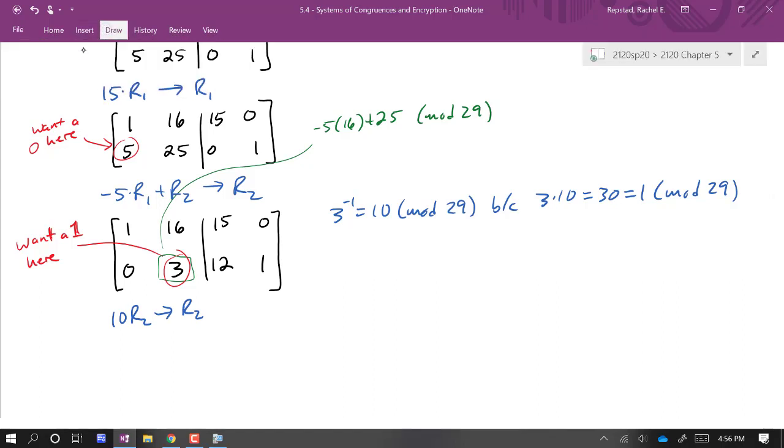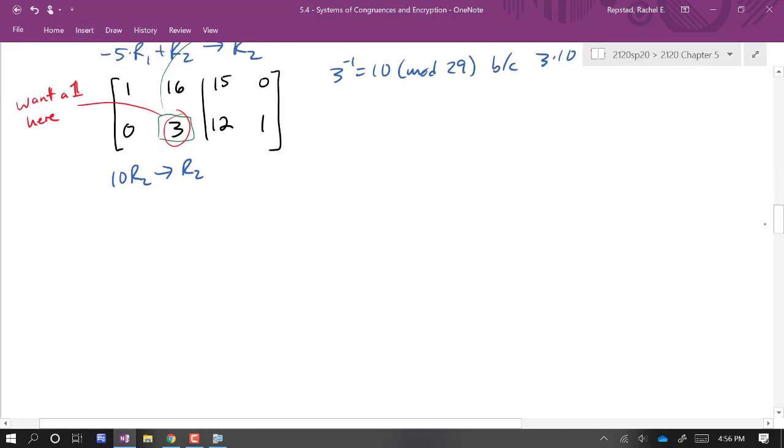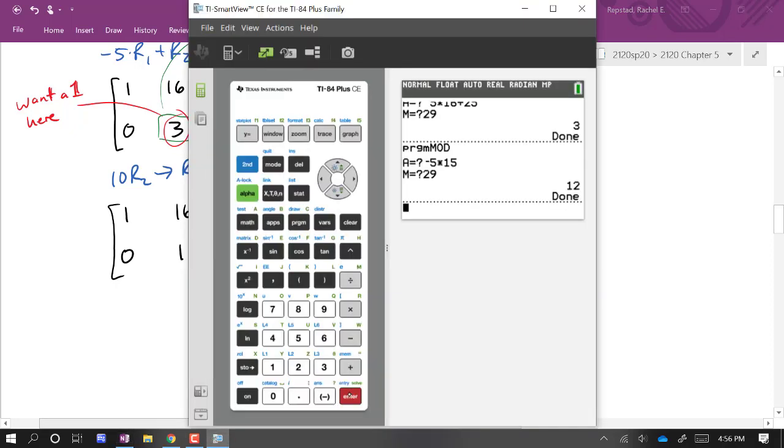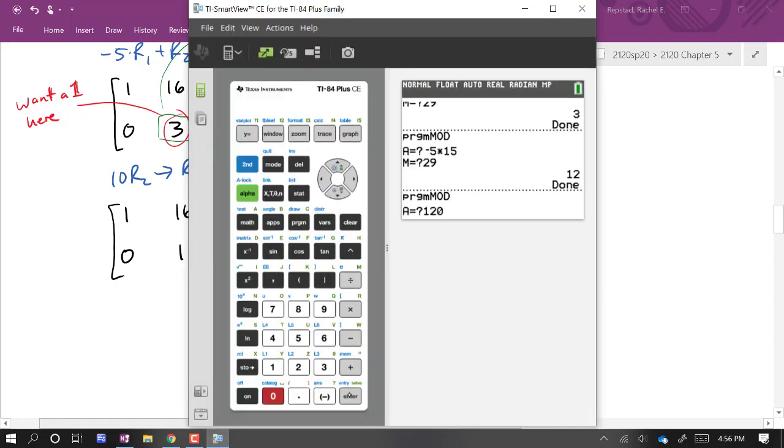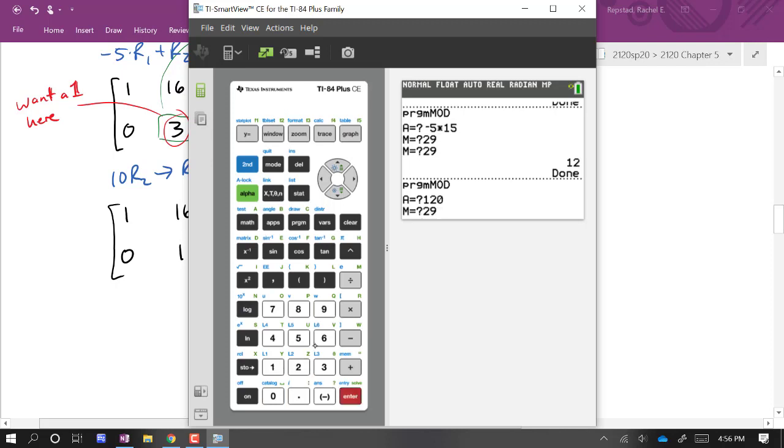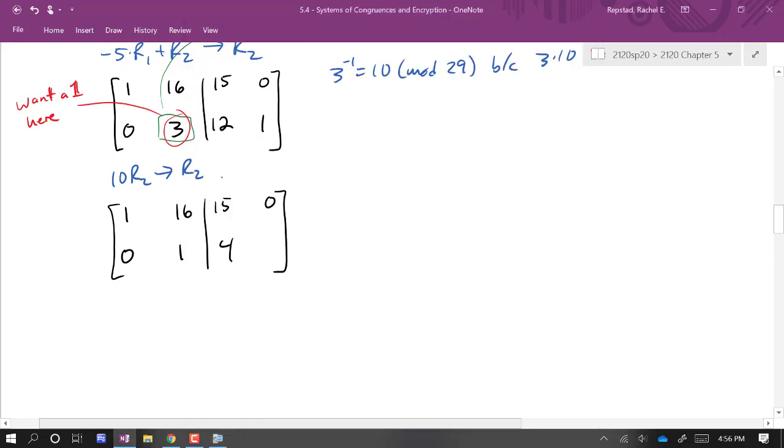Row 1 is not changed in this process. So 0, 10 times 3 is going to be 1, 10 times 12 is 120, and 120 mod 29 is 4, and 10 times 1 is 10, which is already reduced mod 29.